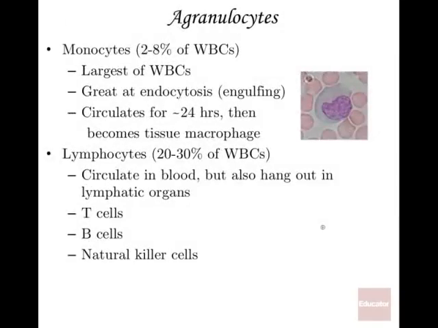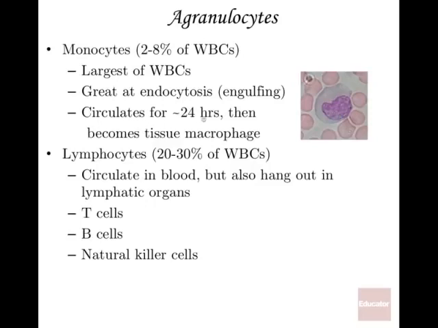Agranulocytes are the opposite, meaning they don't have those granules. They don't have as many dots in them. Monocytes are one type of agranulocyte. That's about 2 to 8% of white blood cells, just depending. They are the largest white blood cells, large compared to the others. They're great at endocytosis, like I mentioned before, with the amoeba action of wrapping around and engulfing bacteria and what have you.